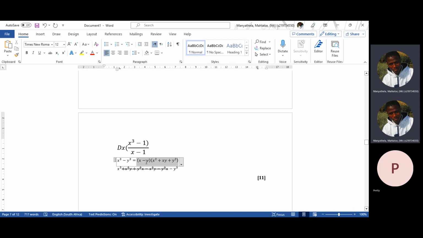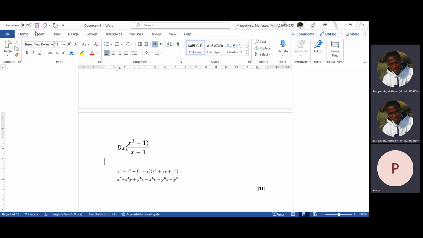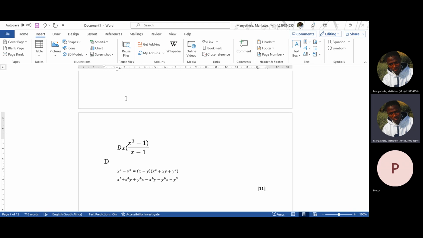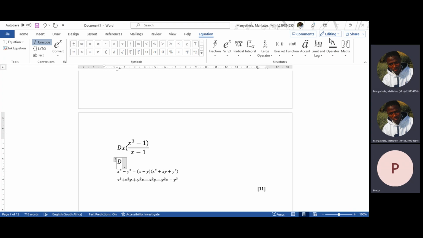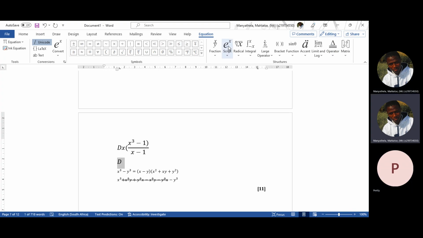So let's take this and apply it there. Since x cubed minus y cubed equals (x minus y) into (x squared plus xy plus y squared), we are going to replace x cubed minus 1 by that.